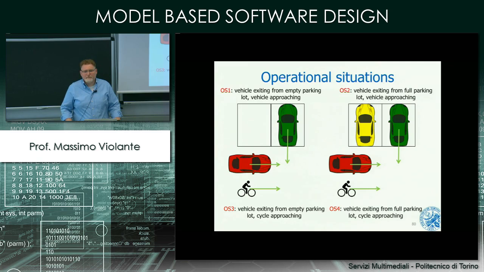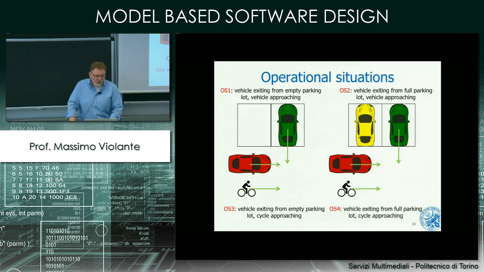Why a bicycle, not a pedestrian or a child? Your question is, why do we consider just a vehicle like this and a bicycle like this, not a pedestrian, not a child? Well, you're right. You could consider each of these cases, but they are finite. What do you have here? You could have a passenger car or a heavy or a moderate duty vehicle.